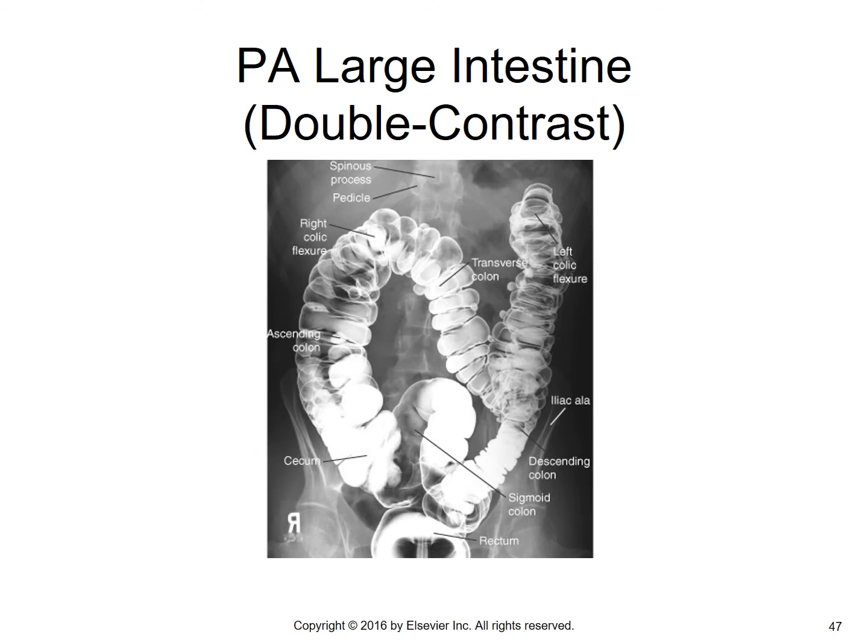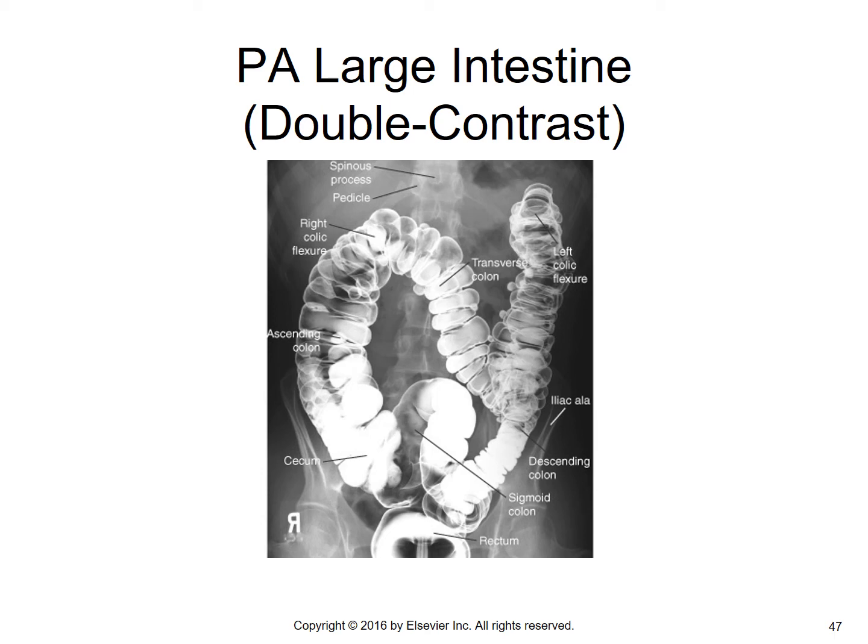Here we've got a PA. Now, how do you know it's a PA? I want you to look at the iliac crest. And if you look at where it says it's identified here, iliac ala, notice how they look. Okay? It's almost like a line on each side. Because if you imagine a patient is laying on the table and now you're seeing these iliac ala kind of on end.